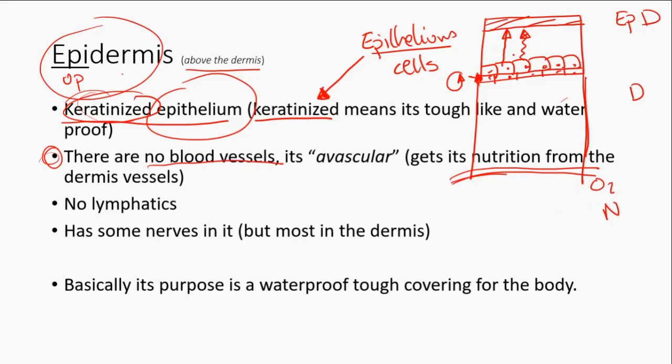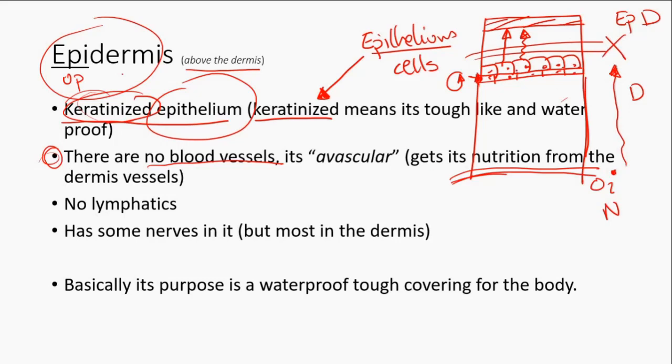The way that they're nourished is essentially they get their oxygen and nutrients from this blood supply here. So it diffuses, it kind of rises by itself, and it supplies these cells here. There's no blood vessels that supply the epidermis.